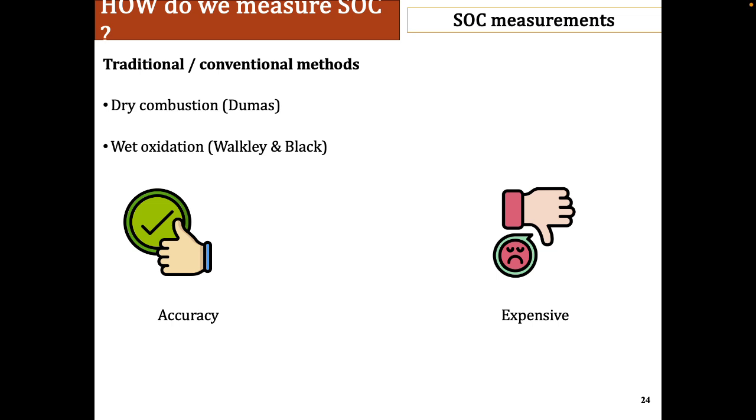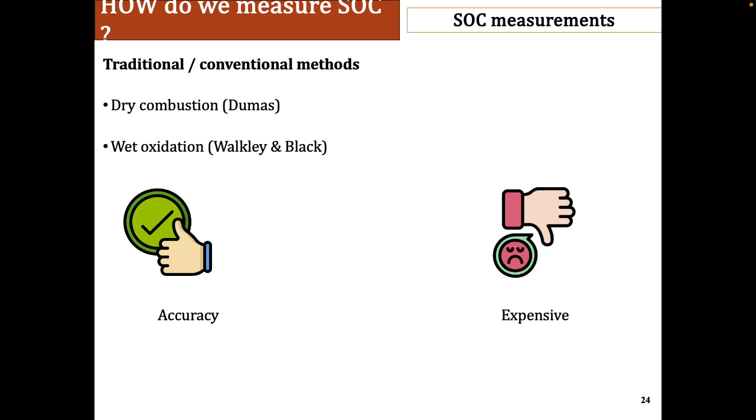Then after the soil sampling, the soil measurements, I want to talk about the different soil organic carbon measurements. We have the traditional conventional method that is well known, the dry combustion of Dumas, which uses an oven of 900 degrees.